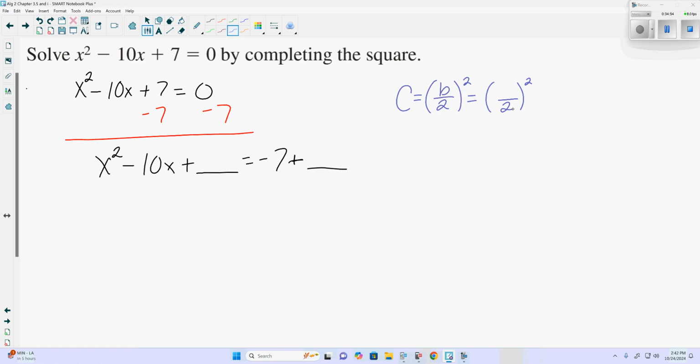Negative 10. And again, just like the last ones we did, we're going to divide it by 2 first. Negative 10 divided by 2 is negative 5. And negative 5 squared is 25.